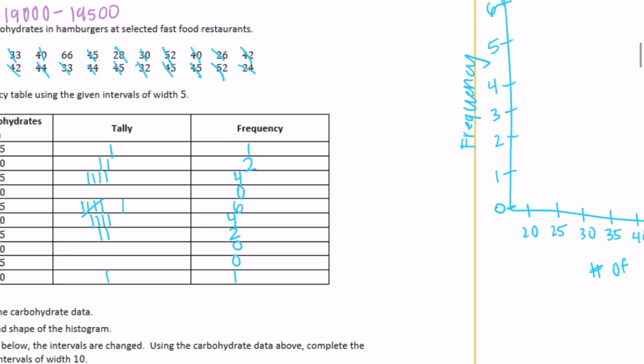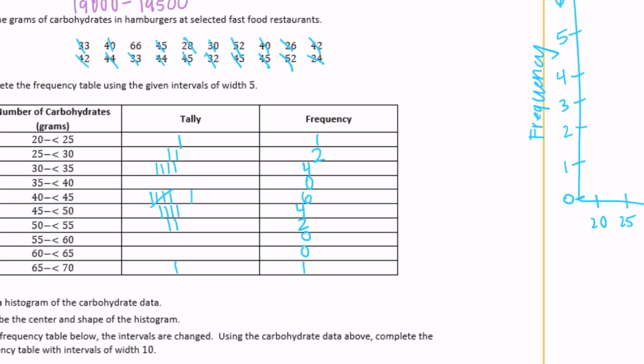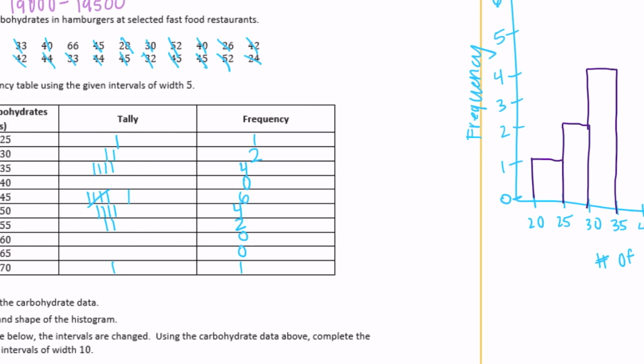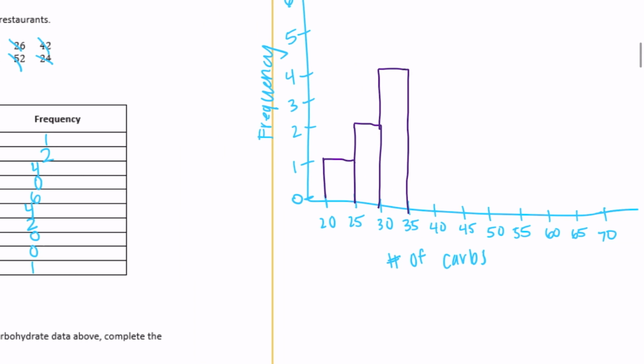Okay, now we can draw our frequencies. So between 20 and 25 we had 1. So I'm going to go up to 1. 25 and 30 was 2. Then we have 4, 0 for 35 to 40, right? 6 for 40 to 45. I'm going to go all the way up to 6.